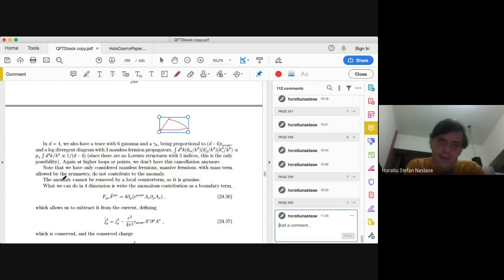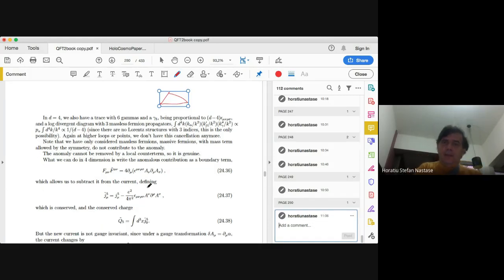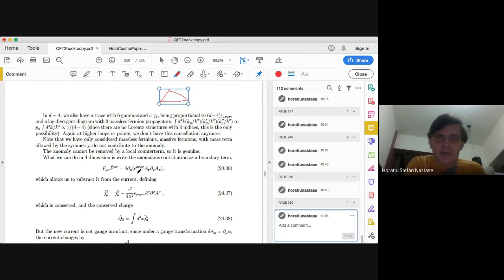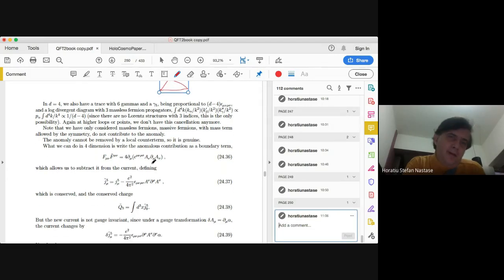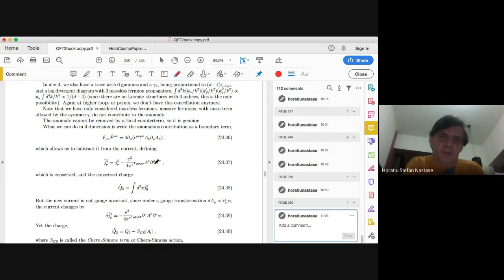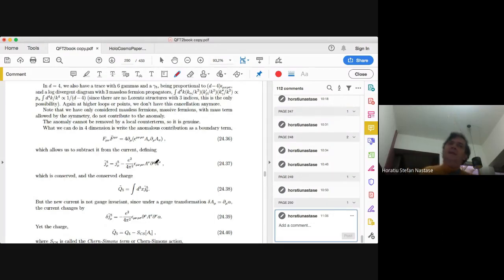Another point is that this anomaly cannot be removed by a local counterterm, so it is a genuine quantum anomaly, a genuine effect of quantum mechanics. What we can do in 4 dimensions, so I'll describe what happens in 4 dimensions, because this is the thing that's of most importance to physics.